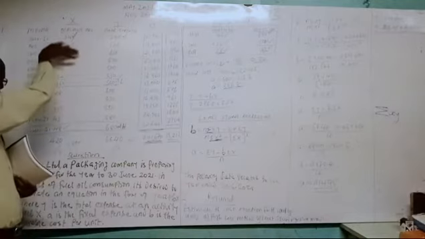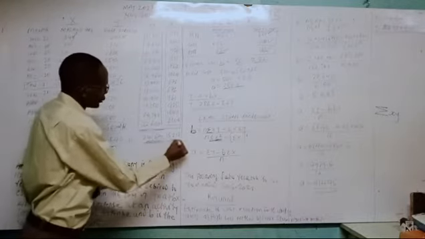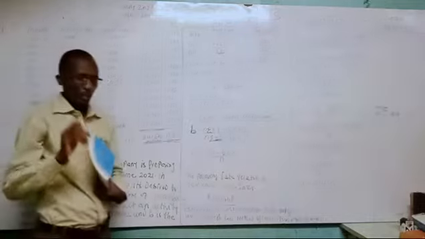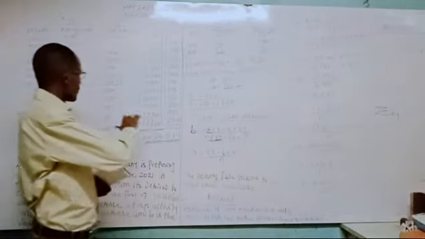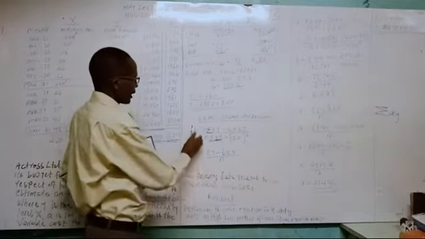So once you square all these values of x, you get a column for x squared, and then you add all of them. That will be the summation of x squared. Now once you have that, you can just substitute to get the value of b.